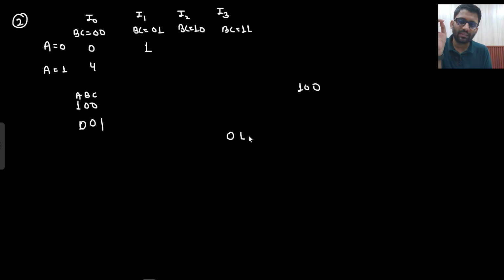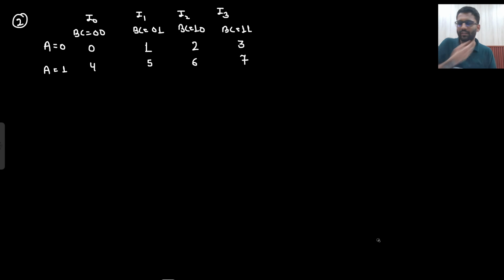A is 0, B is 1 and C is 0, so this would be 2. So the pattern I can see is 0, 1, 2, 3, 4, 5, 6, 7. Let's check for this: A is 1, B is 1 and C is 0, so this is 6 only. This is the pattern we have seen.